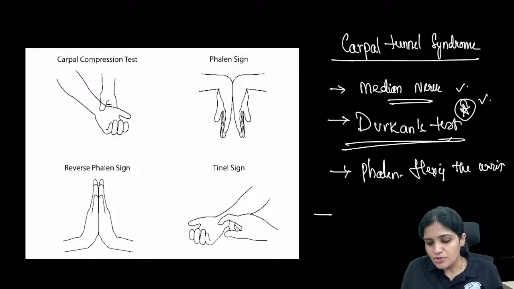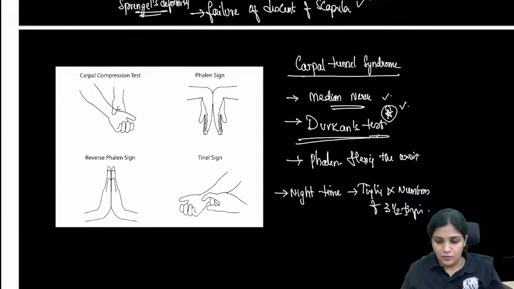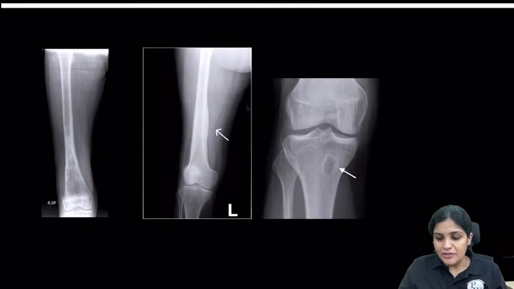This is mostly seen at night time. These are all the tests for carpal tunnel syndrome.